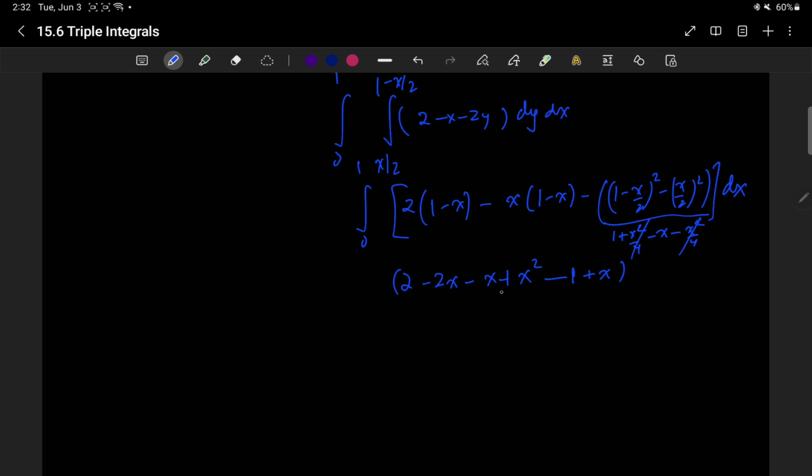What's that going to give me? 2 minus 1 is 1. Negative 2x, this cancels. 1 minus 2x plus x squared, dx from 0 to 1. That'll be 1, and that'll be 1/3. So the volume is simply 1/3.